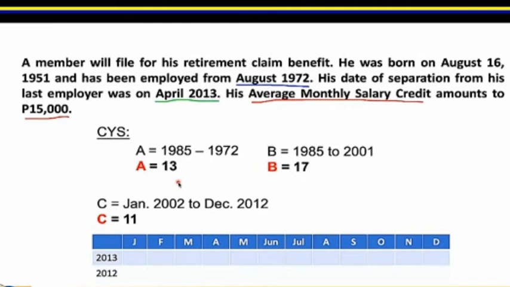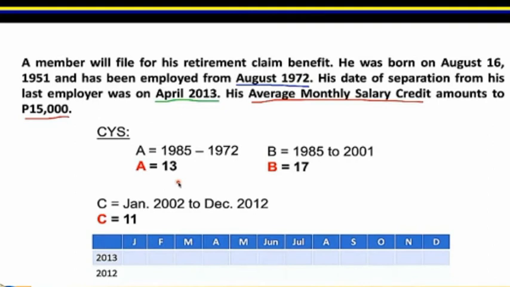To determine a semester, one semester is composed of the current quarter of contingency plus the preceding quarter of contingency. So, let's say, in this case, the member got separated from his employer on April 2013.